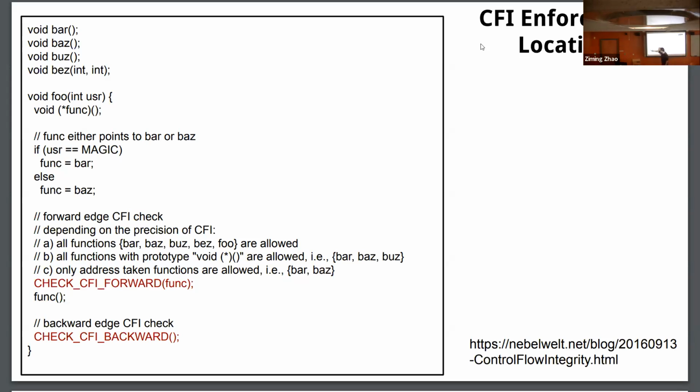For example, we only check that it actually calls a function address. As long as it's a function address, it's okay. It doesn't really care about the function type, or which function. So we know that at least you're not calling into a random gadget somewhere. You are calling into an existing function emitted by the compiler.